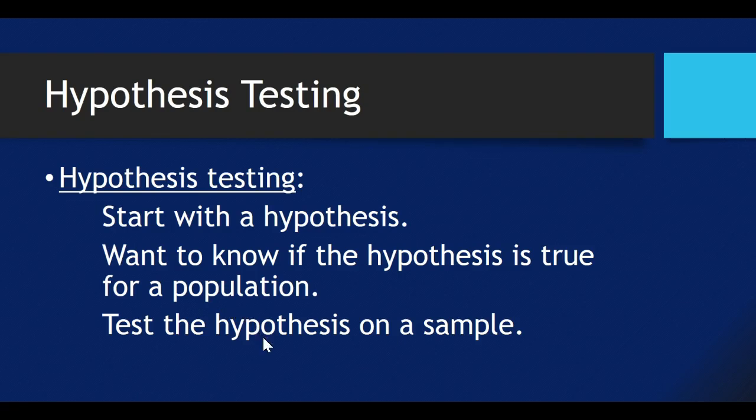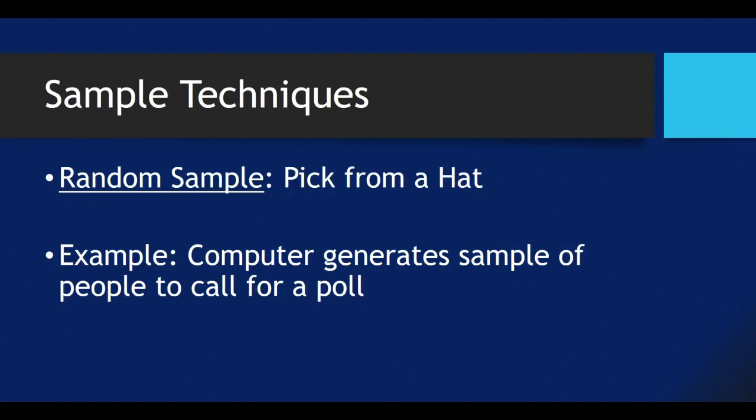If the hypothesis doesn't hold true on the sample, then it's probably not going to hold true on the entire population. Like I said, we're going to do this formally in the later chapters of the book, specifically chapters 9 and 10. And we'll see a formal process for statistically doing that. But I want to bring it up right now because it is such a famous type of inferential statistics.